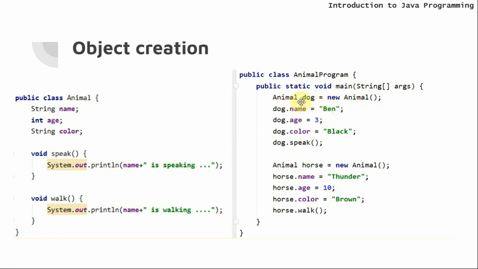So here is the class, and here we are using a program to run this code. And here we created the first object, which is dog. So animal is nothing, animal is a classification. Dog is the actual physical object or a physical animal. So we set here its attributes, its name, age, color, and here we call its function. So a class not only provides the attributes, but it also provides the actions it can perform to manipulate data.